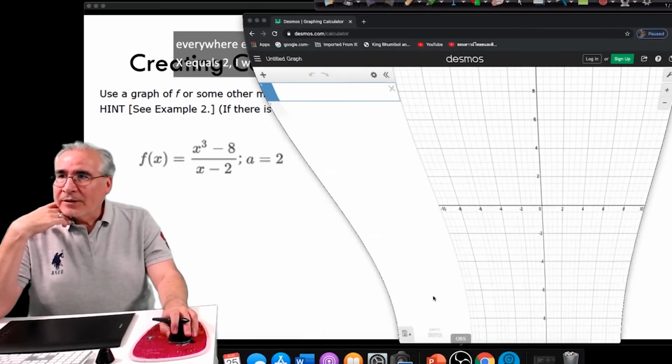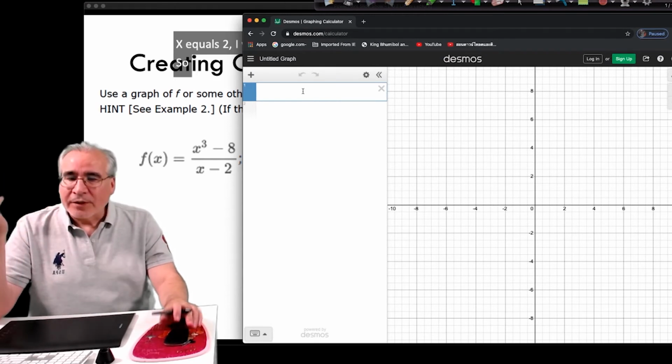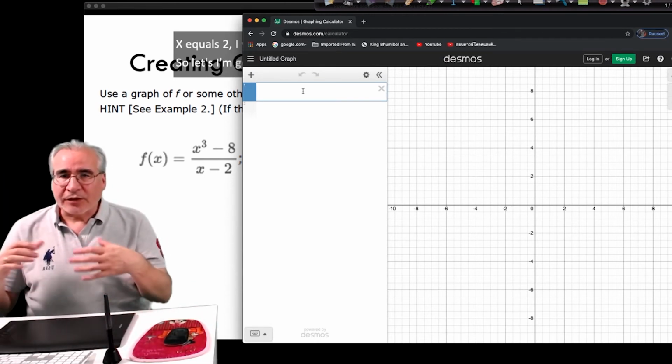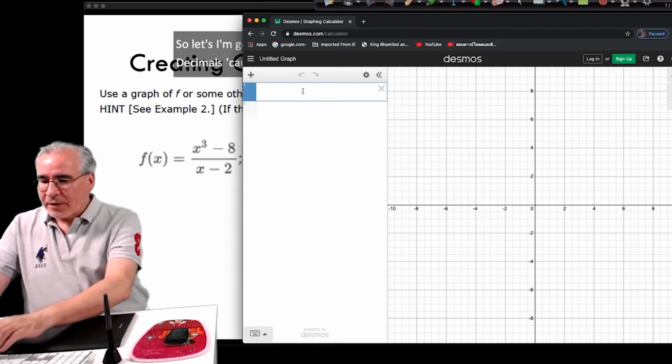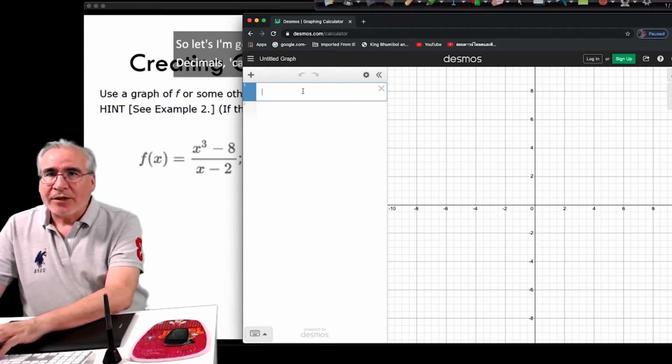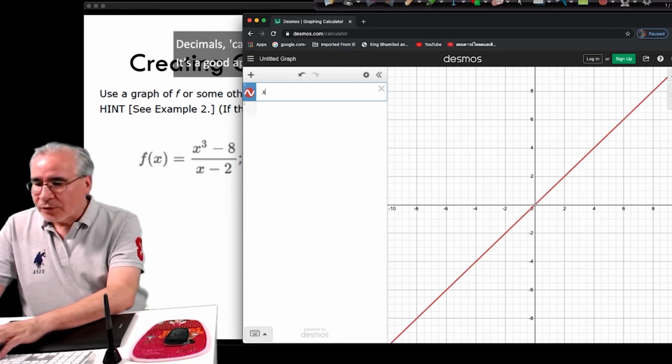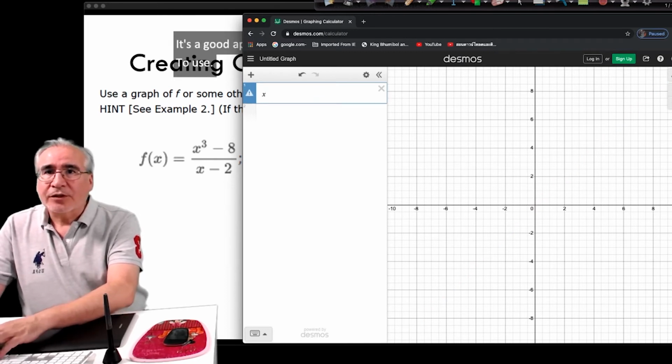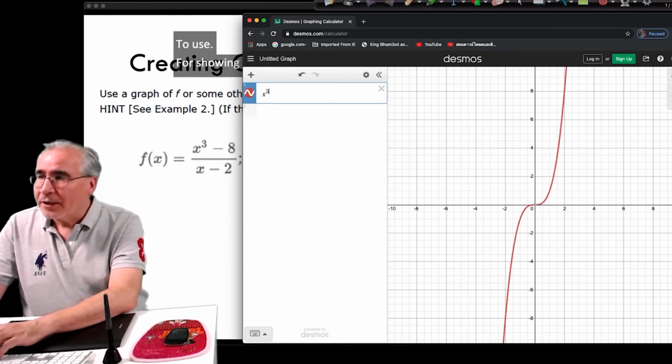Okay, so I'm going to use Desmos because it's a good application for showing what's going on.